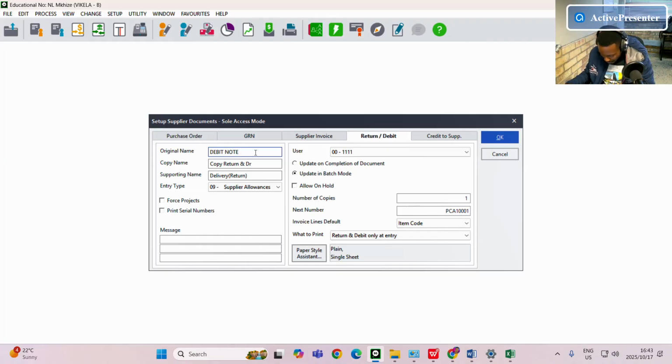And then it says the debit note is DEB 121. So it's DEB 121. And then what else? Supplier invoice message.